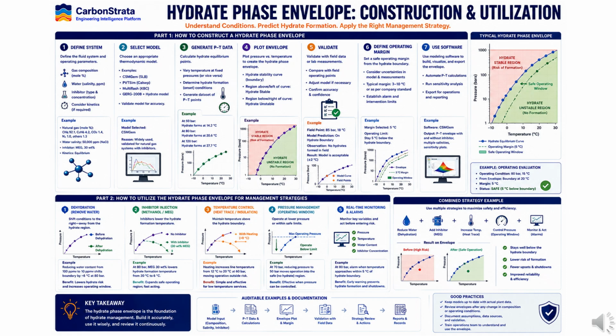Combined with real-time monitoring, these strategies provide multiple layers of protection against hydrate formation. The engineering lesson is clear. A well-constructed hydrate phase envelope helps engineers understand risk, select the right mitigation strategy, and operate safely and reliably.